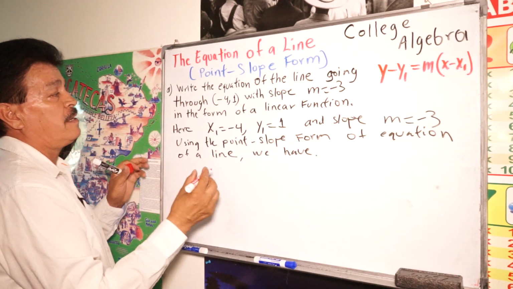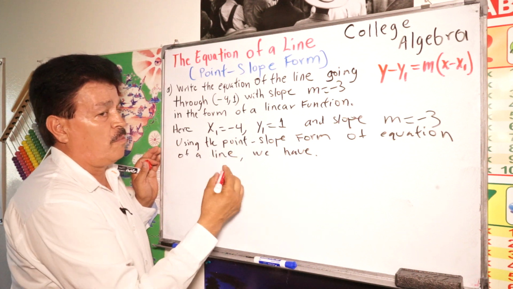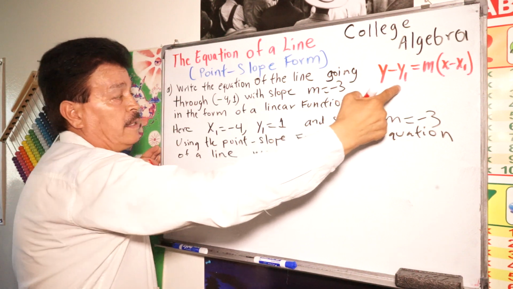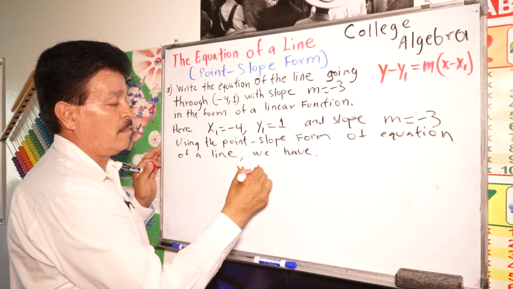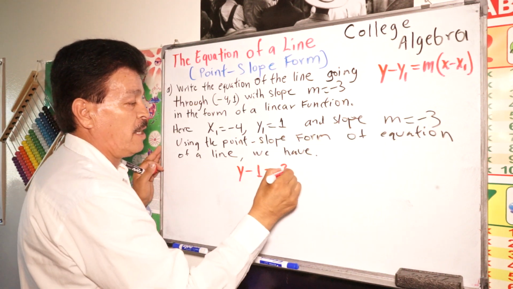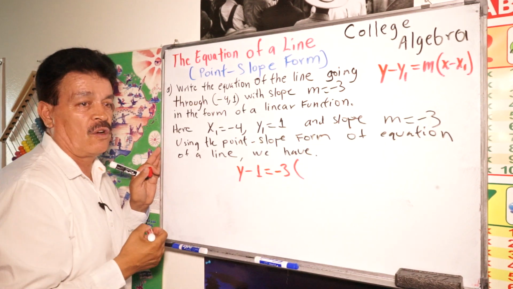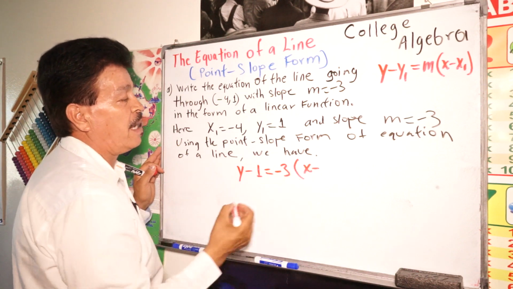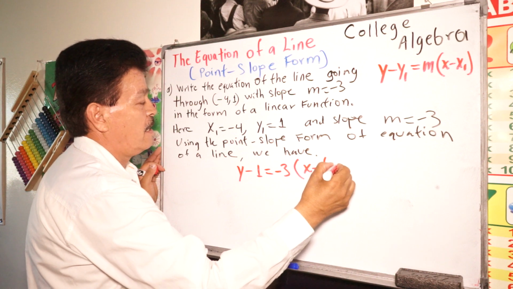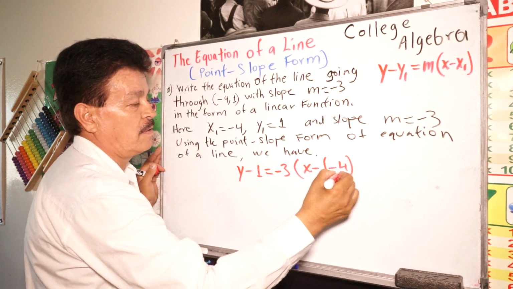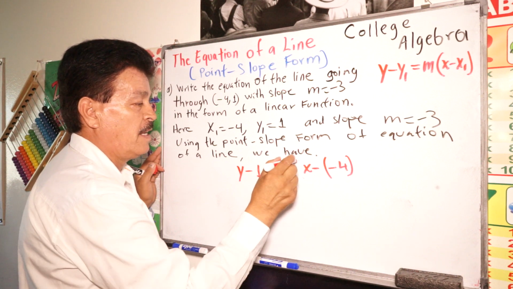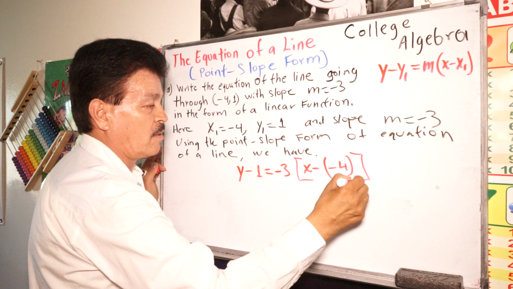all right, so let's start our process. We have y minus y1, and y1 is 1, so y minus 1 equals the slope. How much is the slope? It's -3 times x minus x1. How much is x1? It's -4. So let me write this.